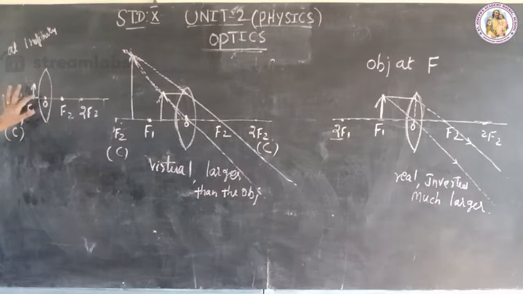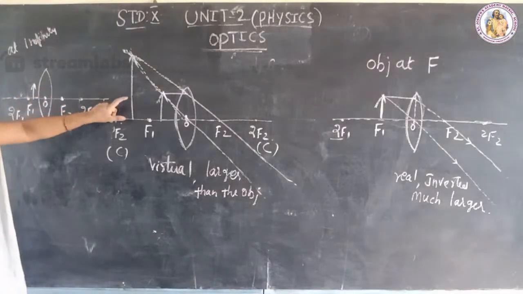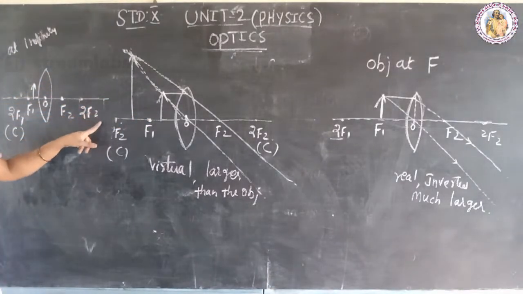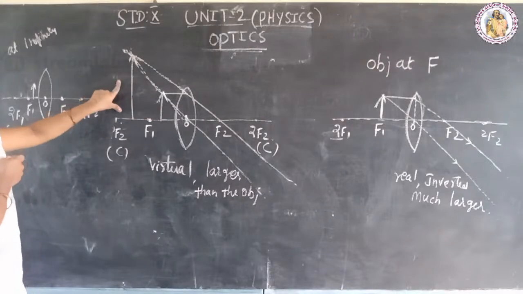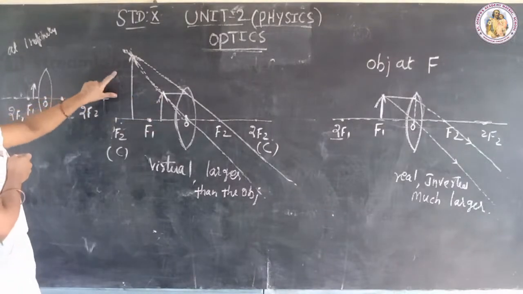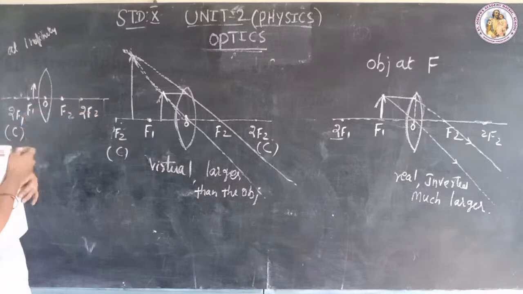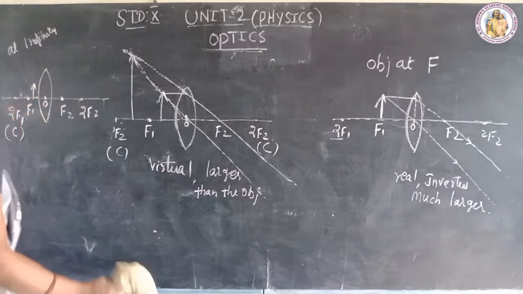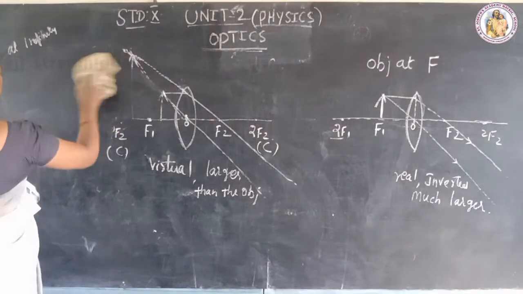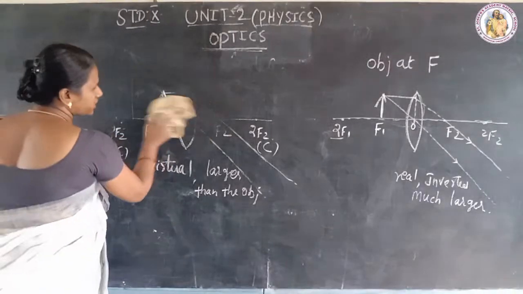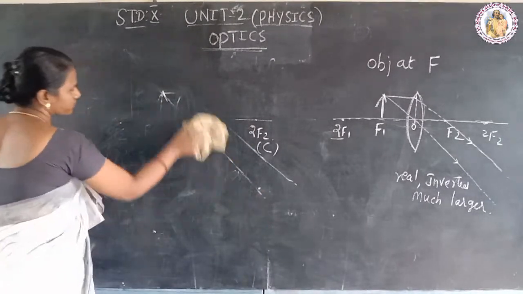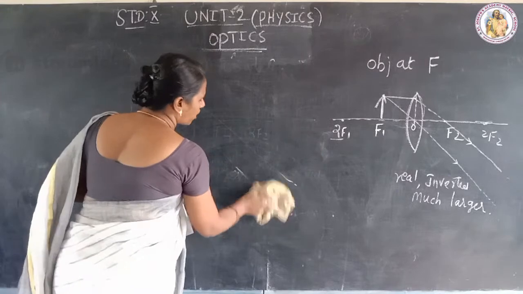That means the image is formed at the same side of the object, and it is bigger than the object. So this is the image formation in the convex lens.